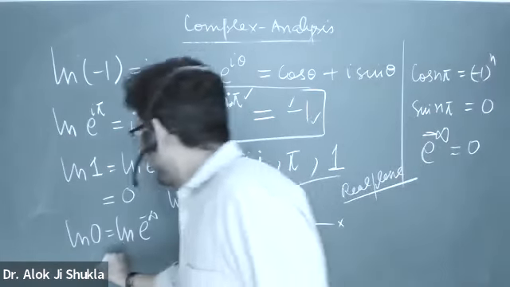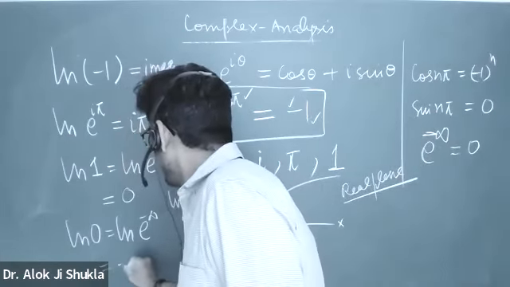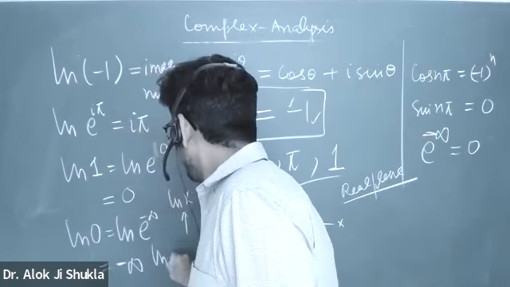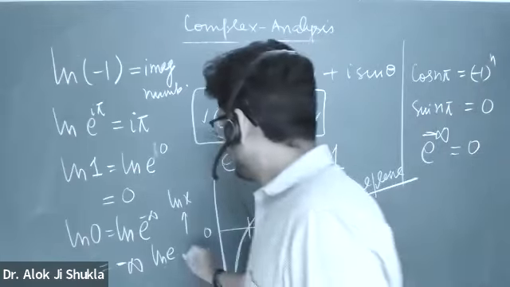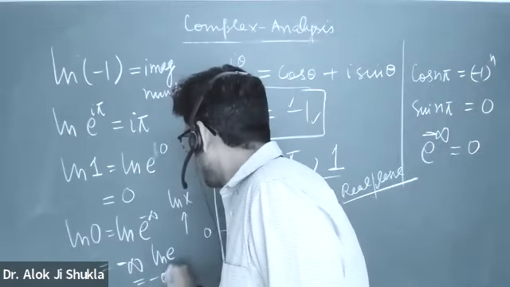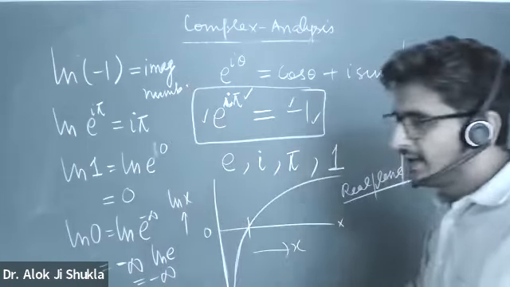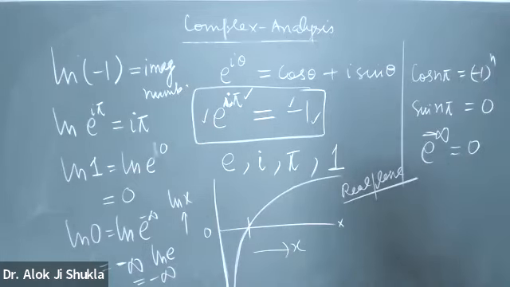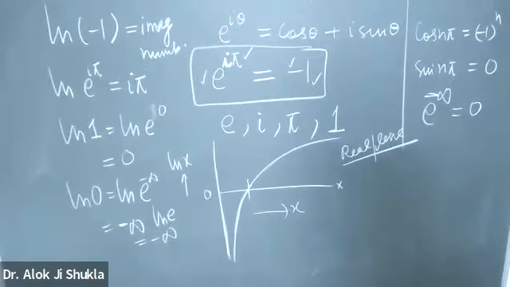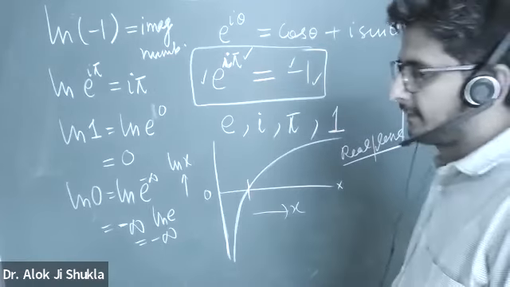So if I take minus infinity common, it will become log of e. Log of e is 1. So that means it will become minus infinity. So that's why 0 पे log जो है वो minus infinity की तरफ चला जाता है. See this. So many things just came out of Euler's equation.